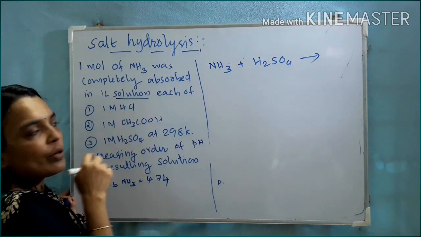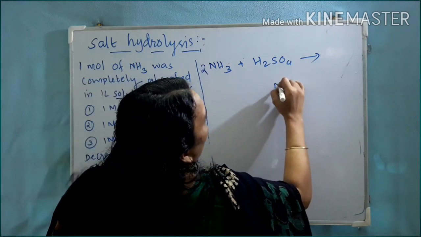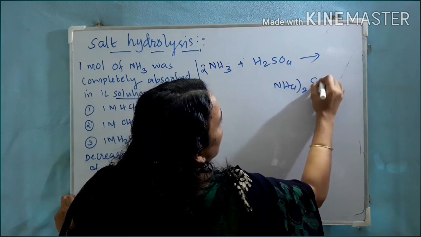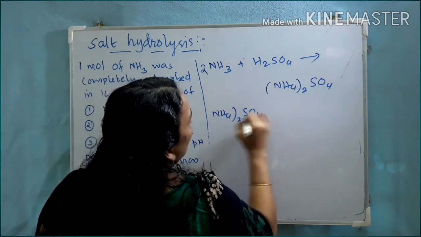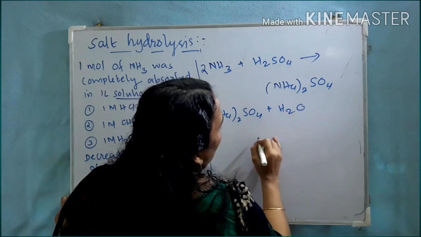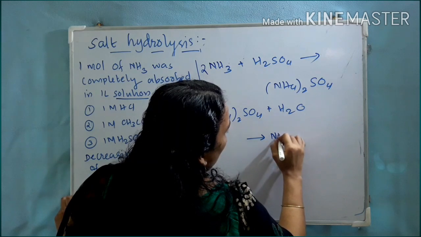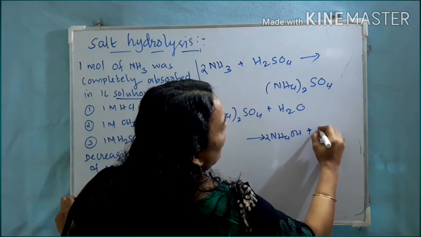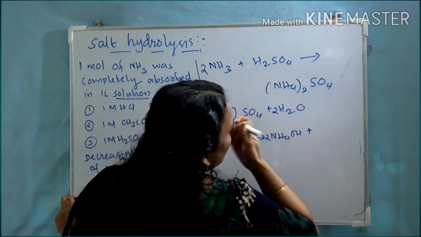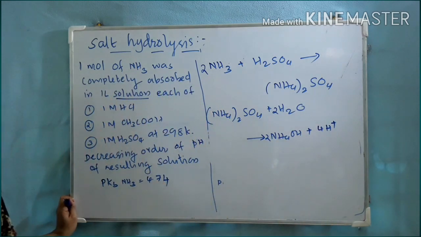Listen, it is not a balanced equation. 1 mole of H2SO4 requires 2 moles of ammonia to give ammonium sulfate, (NH4)2SO4. And (NH4)2SO4 dissociates; in hydrolysis we have NH4OH plus H plus. That is the balanced equation.